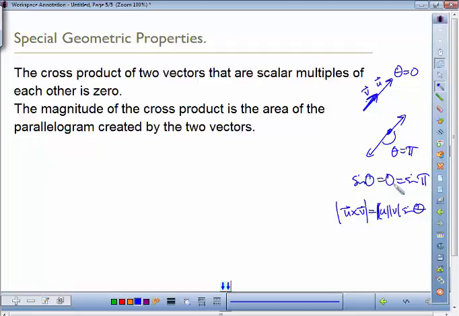And if your angle is either 0 or pi, then this whole right-hand side will be 0, which means the magnitude of this is going to be 0. Which means the cross product itself would be equal to 0.